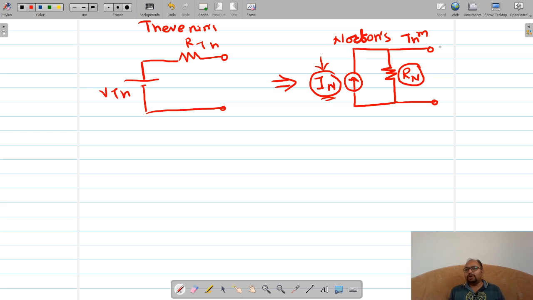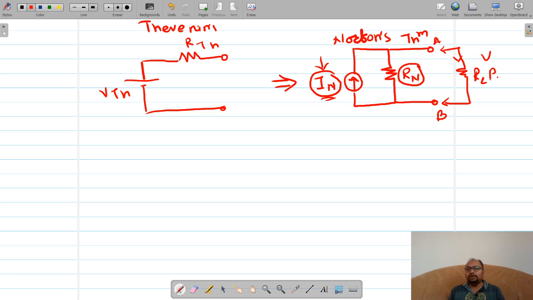Then you connect, let us say this is again the A and B terminals, the rest of the circuit, suppose a load resistor. Then you can find the current flowing through it, the voltage across it, and the power dissipated by this load resistance. This is Norton's theorem.